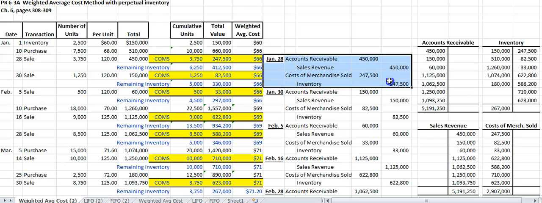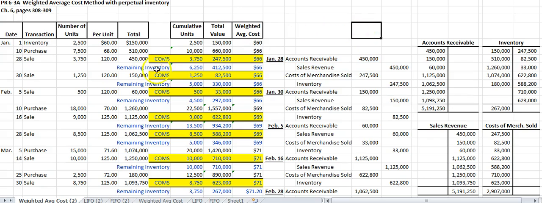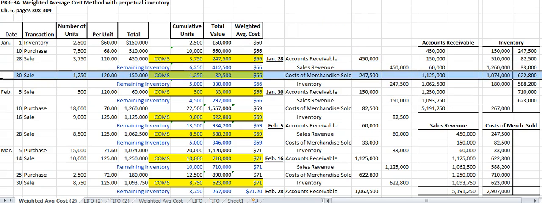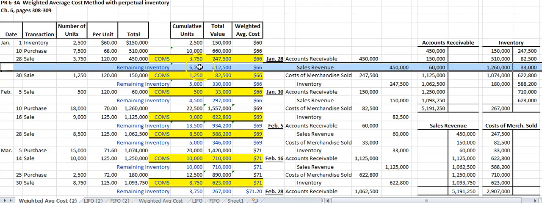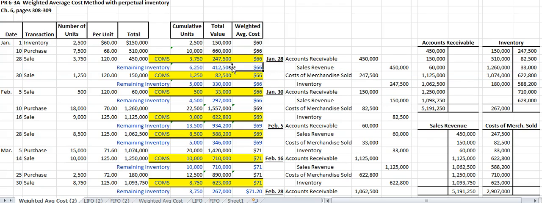accounting entry. Okay, so we continue with the problem, and the next sale is going to be fairly easy, right? Because there's no other purchases. So all we're going to do is take my last calculation and bring it down minus the 6,200 and minus the 3,750 that we sold. Now that doesn't change the weighted average cost.